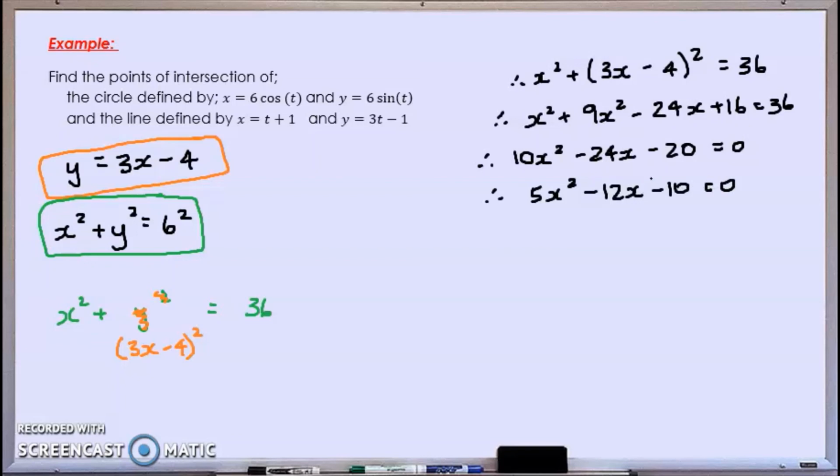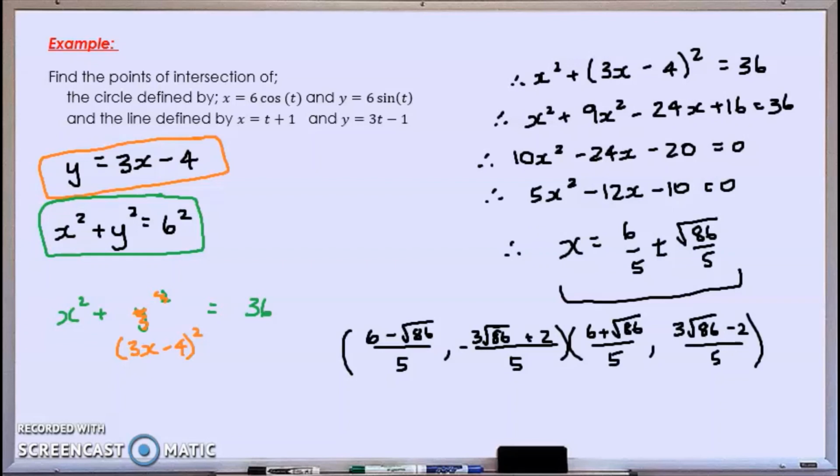And then use one of our techniques for solving for x. You end up with x equals 6 over 5 plus or minus root 86 over 5. And finally, I cheated by using my calculator and found the answer, or the coordinates, where these lines meet.